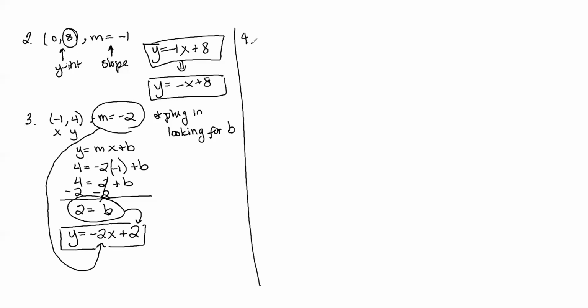All right, there's one other way that you could be asked this type of question. This one is based on a graph, and it's going to work really similarly to what we just did with the y-intercept and the slope. So let me go ahead and draw out the graph.